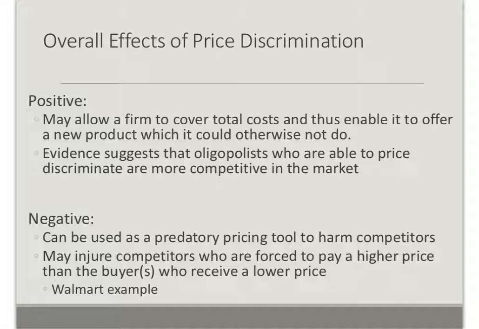And evidence suggests that in industries where the firms are more able to price discriminate, the markets are more competitive. There is more competitive forces. There's less sort of antitrust issues. It can be used as a predatory tool to harm competitors, and I'll come back to that on the next final slide. And it may injure, so if you think of Walmart, you could injure competitors there.